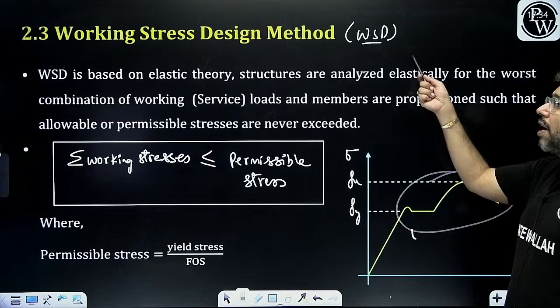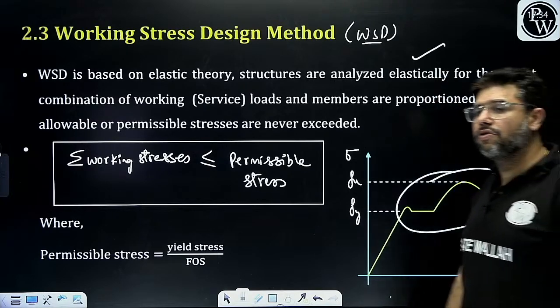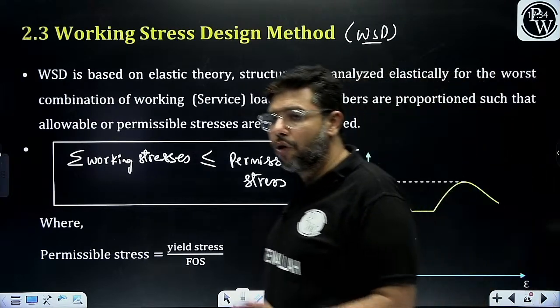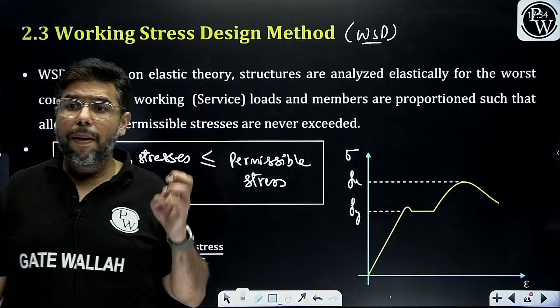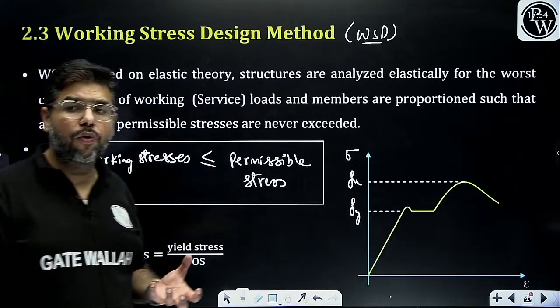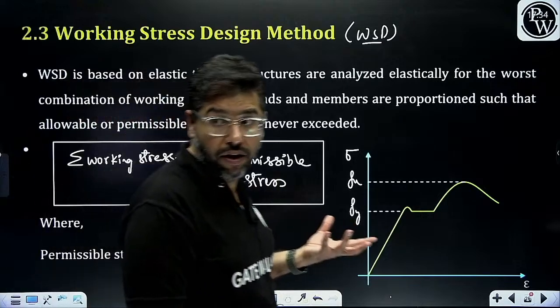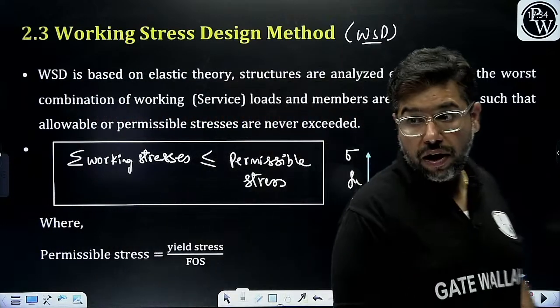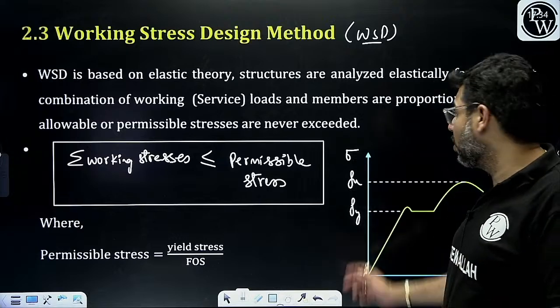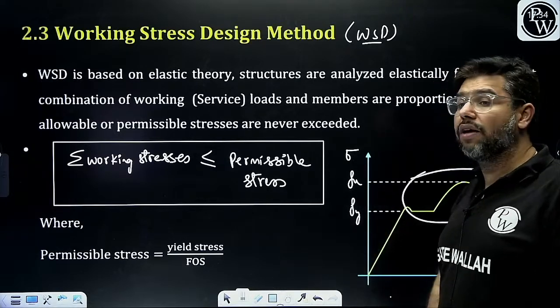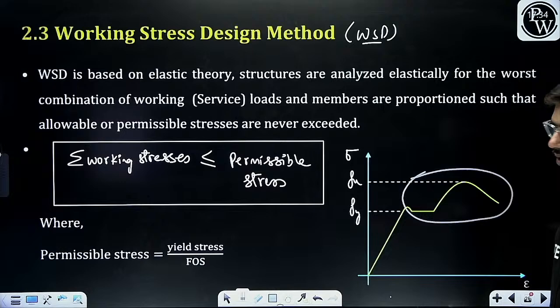So, while designing the steel structure through working stress design method, we have not utilized the reserve strength of the steel. So, obviously, the members that you will design out here will come out to be very heavy. So, the members would be very heavy and the design will come out to be uneconomical because we have not utilized the reserve strength of the steel.